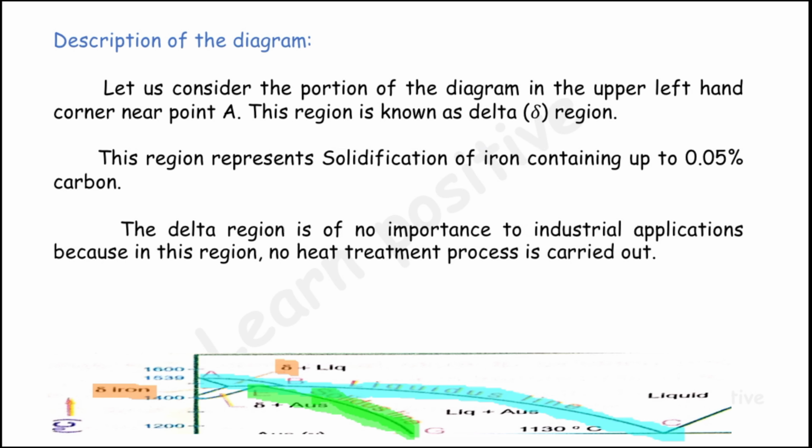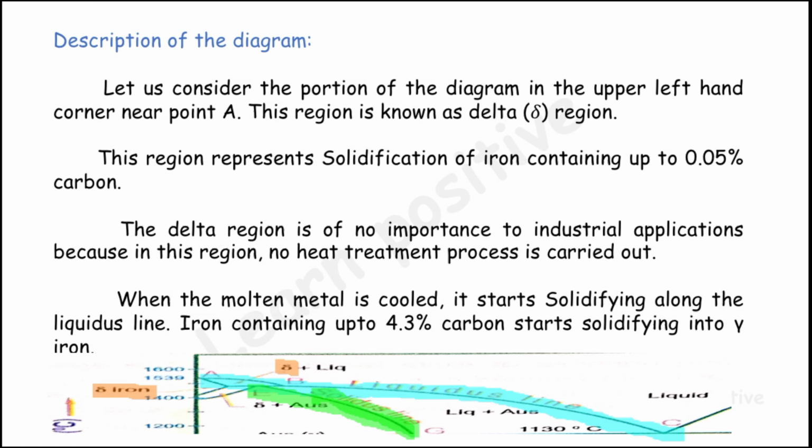So in the molten stage we cannot use the metal for industrial application, so it is used only for casting applications.